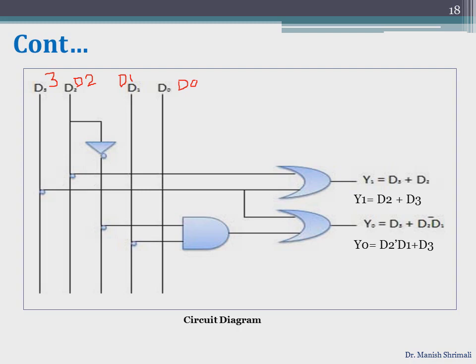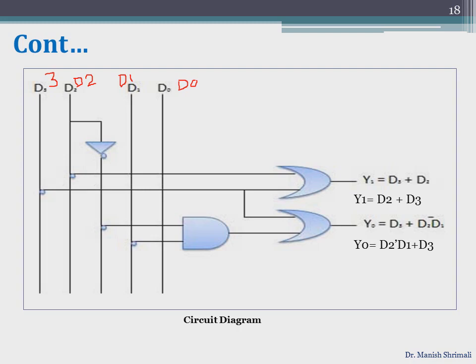So what we have written over here is Y1 is equal to D2 plus D3. From here we are getting D3 and this is D2, so that is what we have written. Y1 is equal to D2 plus D3 and Y0 is equal to D2 complement D1 plus D3. This is an AND gate, and from here we are getting D2 complement and this is D1, so that is D2 complement D1.